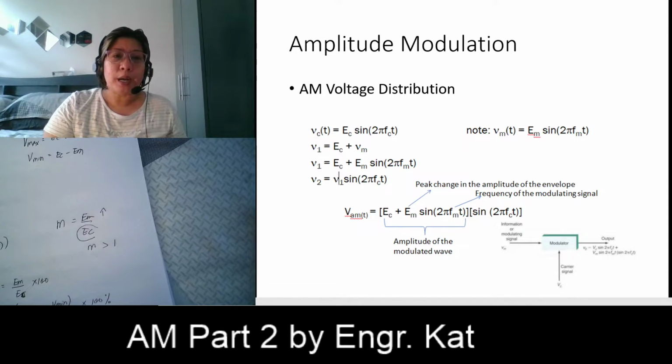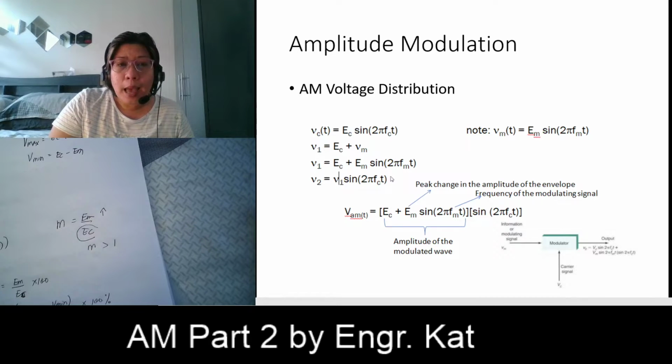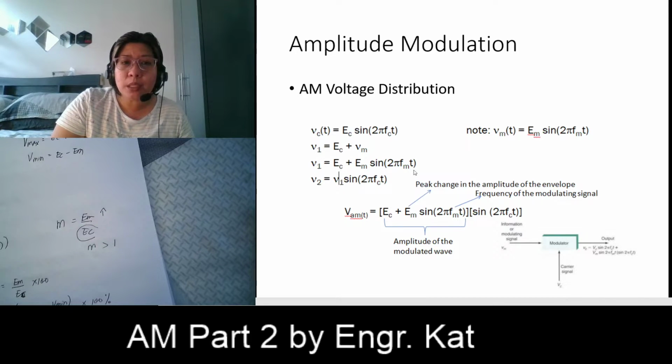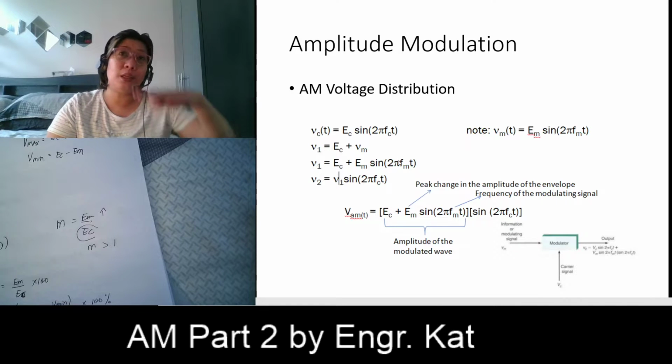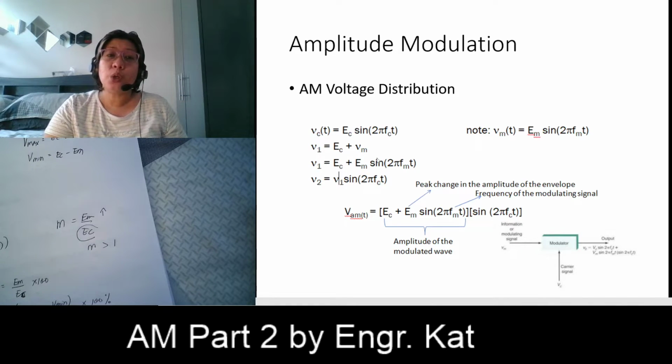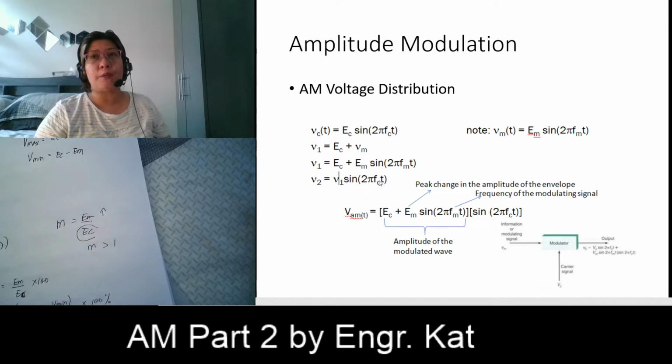Therefore, this whole item here becomes the peak value of your carrier signal. So this is now the new EC because the amplitude is now changing. This is the maximum EC, and then we have to include again sine of 2 pi FCT.